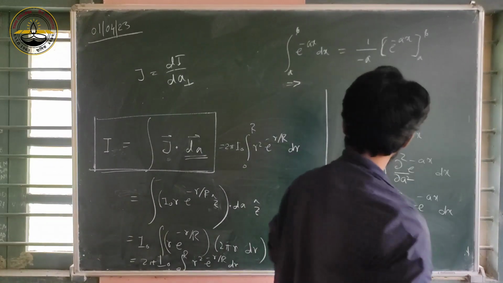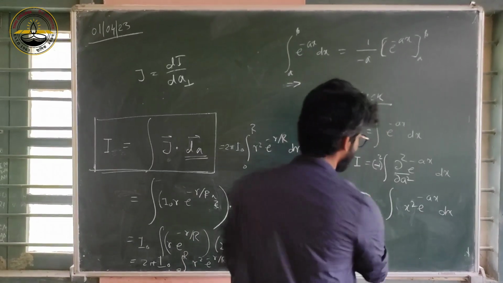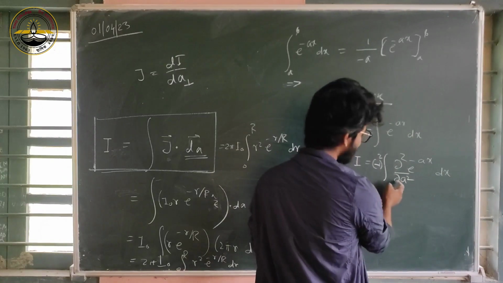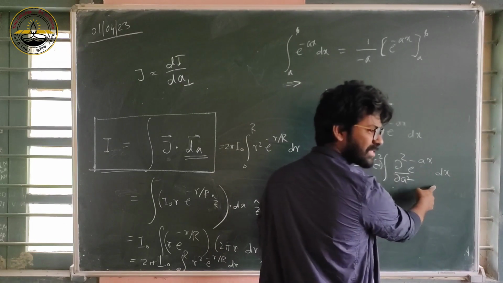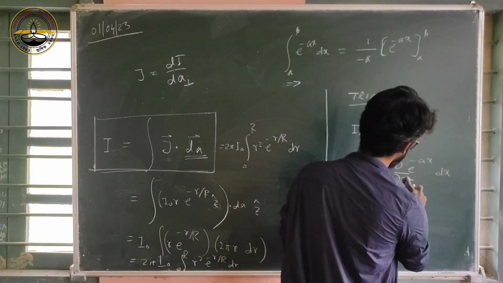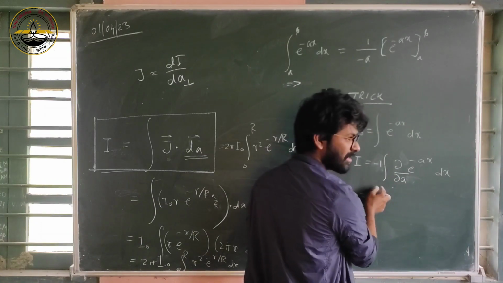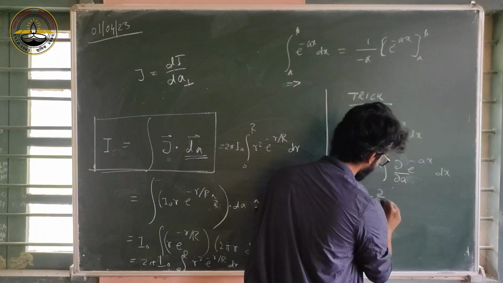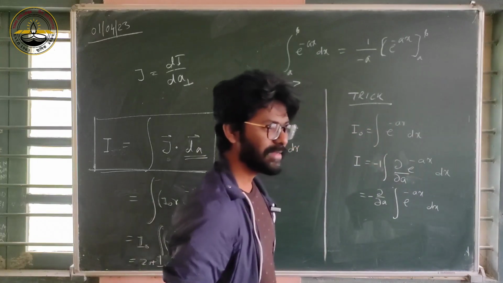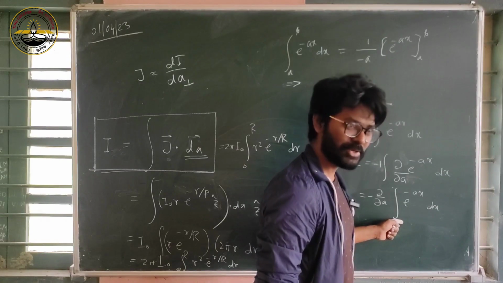Let me tell you something. This derivative we can take outside, because it acts on a and not on x. Let's do it for only one x. So now we can take del del a outside, and this integration will remain. You can do this; it's just the integration of an exponential.